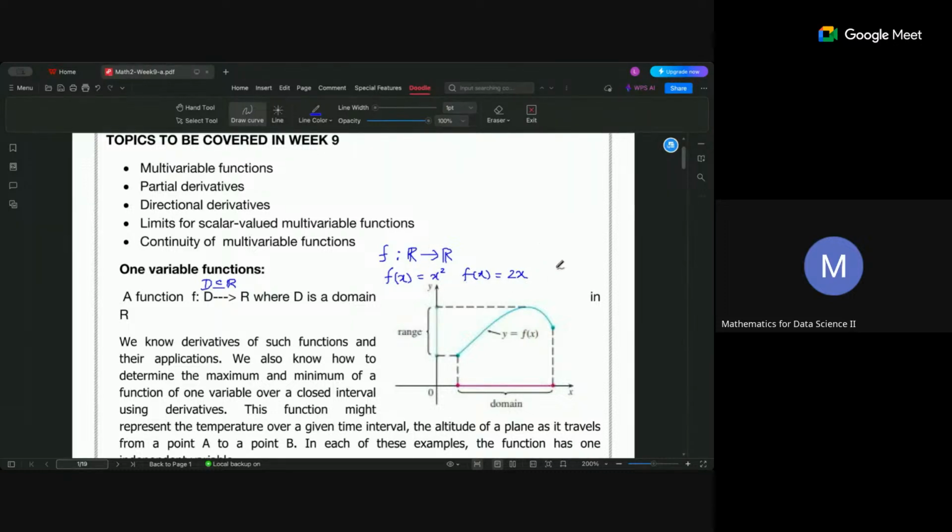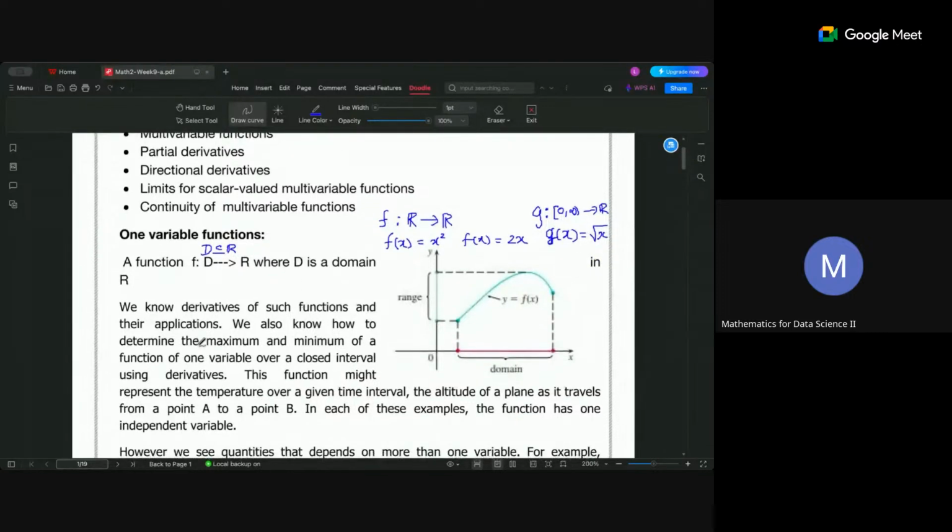Now suppose, for example, if you want to define f, or let's say g, a function like this, now you have to choose your domain carefully, right? So now your domain is like this, right? So this is the basic thing we see about a function. What is the domain? What is the range? What is a graph, right?